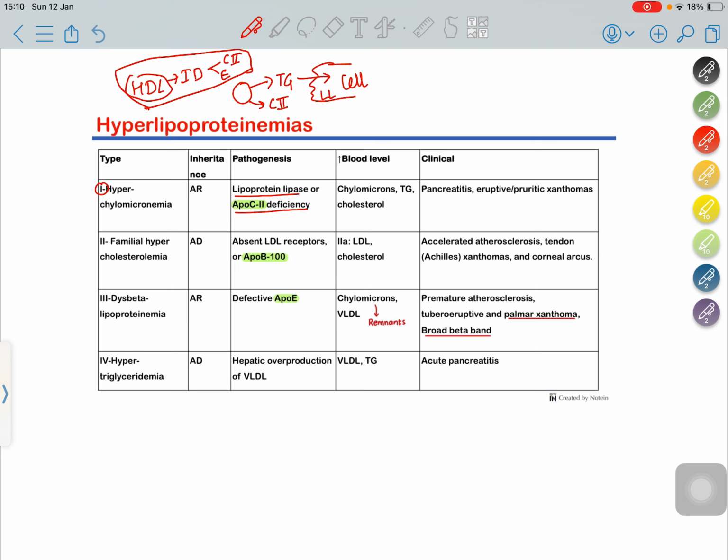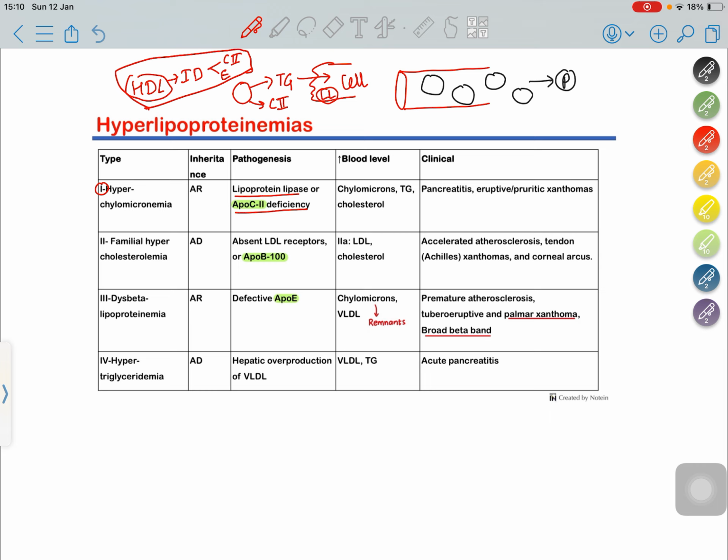If the cell does not have lipoprotein lipase, the chylomicron would stay in the bloodstream as it is. So now you can imagine that this is the bloodstream full of fatty foods, the fat that we have eaten. Now high levels of fat will cause pancreatitis.